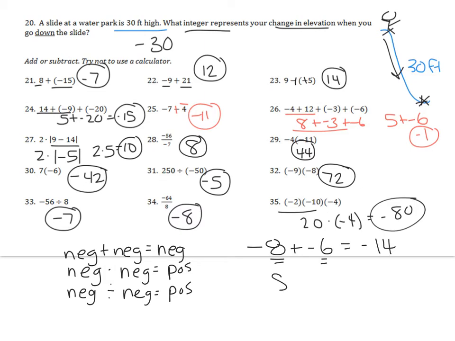If two numbers are added and they're different signs, you have to see which one is greater without the negatives. So 8 is greater, so the answer is going to be positive. To figure out how much positive, you take 8 minus 6 is 2, so it's positive 2. Make sure you know this chart.